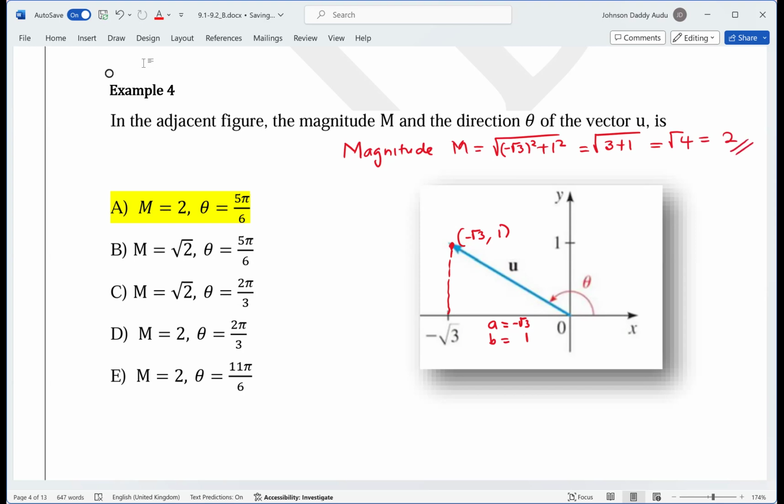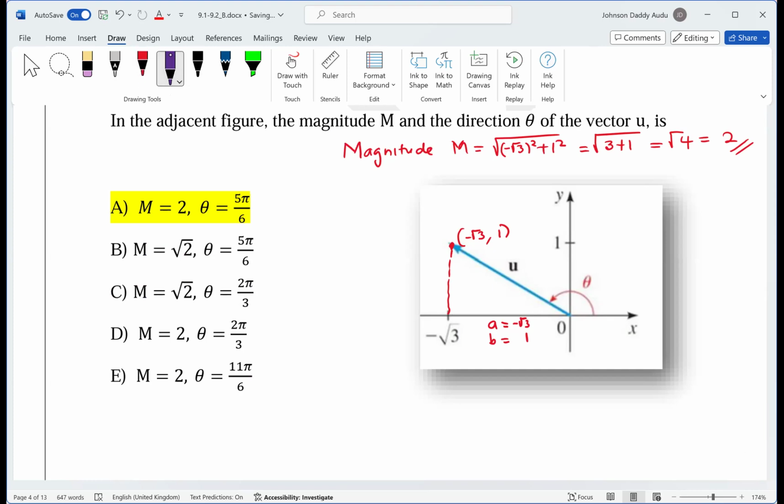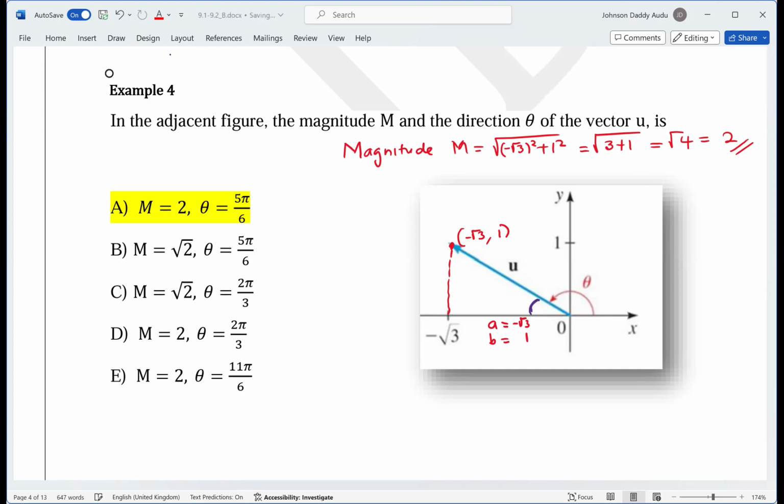And then we can find the direction. Now, the direction is theta, but we cannot get theta directly. So let's find what is inside here. This will be our reference, actually, which will be theta 1. Yes. So we can see that tan theta 1 or theta bar is just going to be b over a.